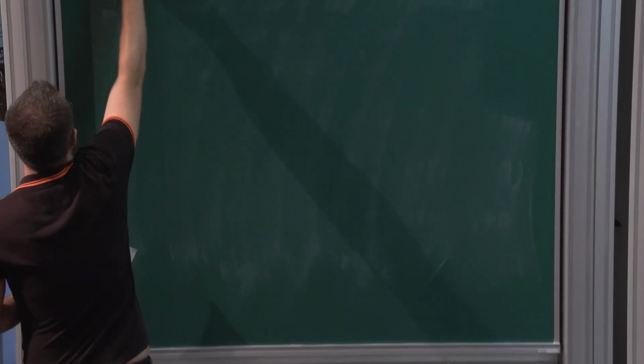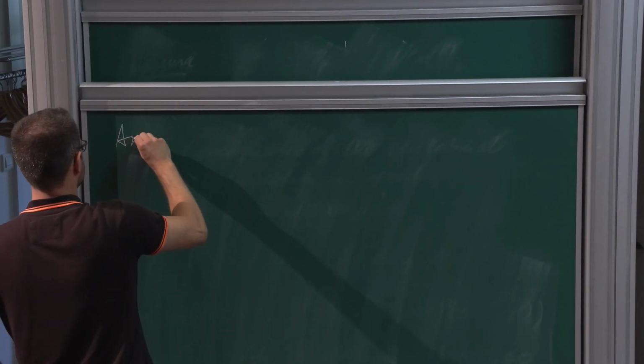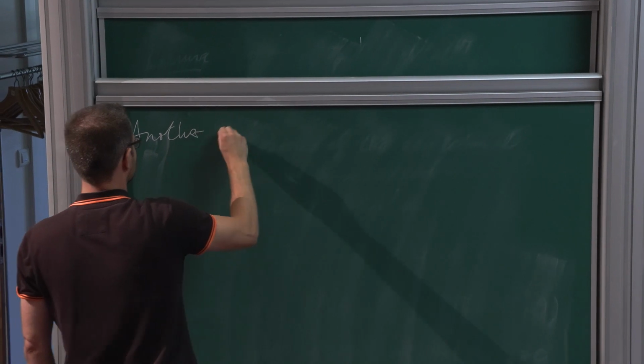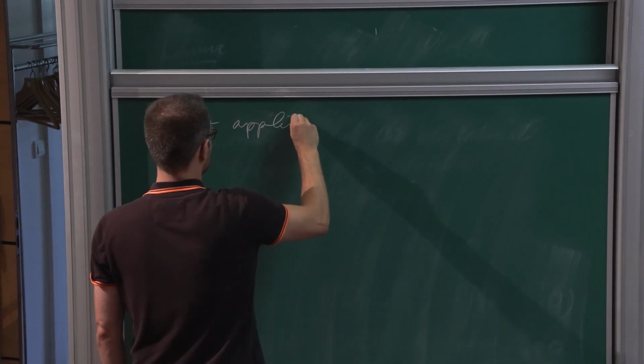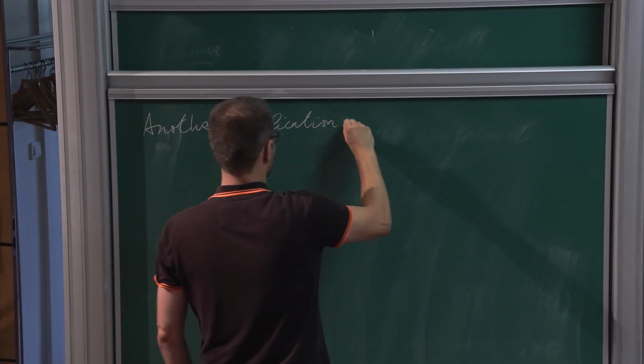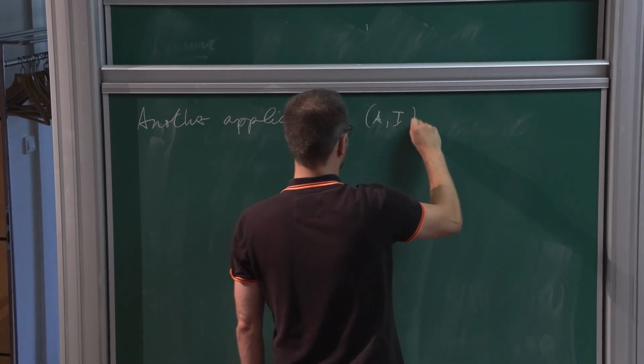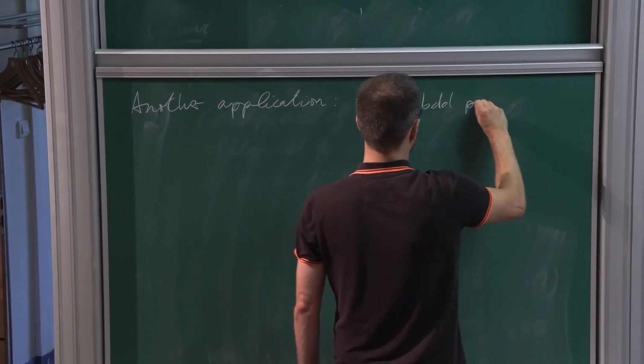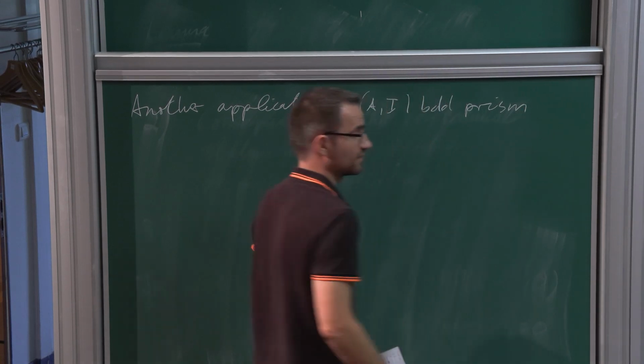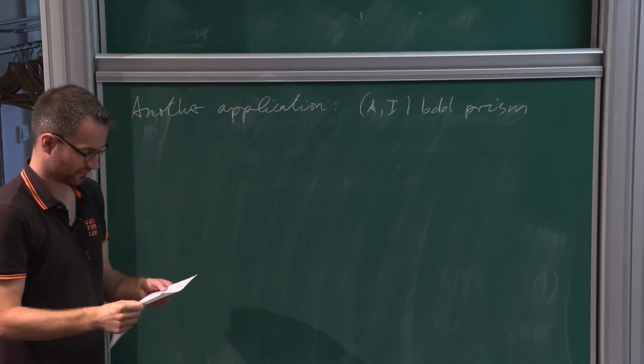And so let me indicate another application. So (A, I) should be a bounded prism. And what I'm aiming at is now the Hodge-Tate comparison.